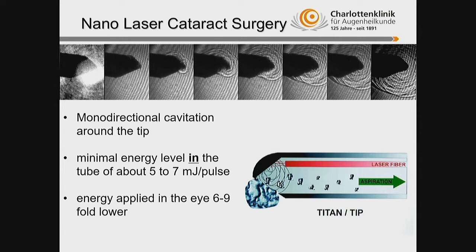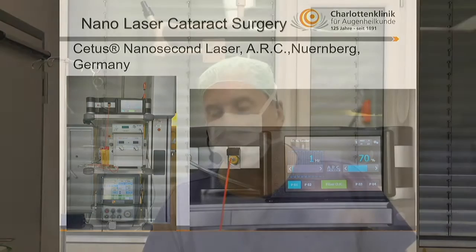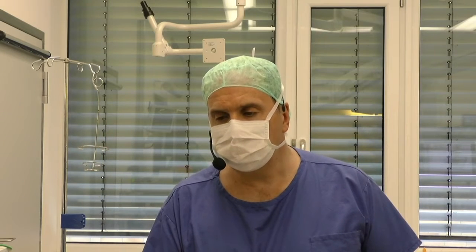Normally you have, as I said, a minimal energy level inside the tube of 5 to 7 microjoules per pulse, which ends up in an energy applied in the eye even 6 to 9 times lower as measured. And as I also pointed out, you can combine the nanolaser to any kind of phaco machine available on the market as long as it has a pneumatic vitrectomy port. This is the combination and the link where you put both systems together, so there's no need to buy a new phaco machine. But this was not the point of today.